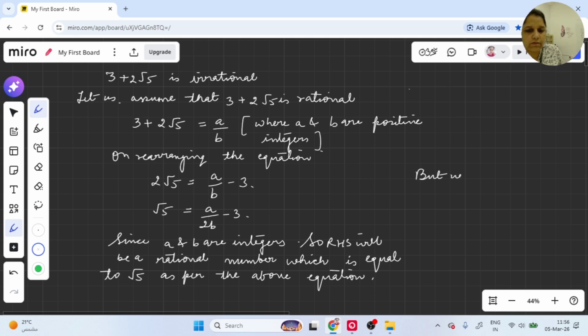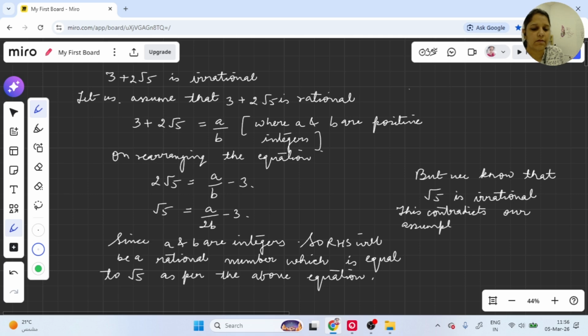But we know that root 5 is irrational. This contradicts our assumption and hence root 5 is irrational.